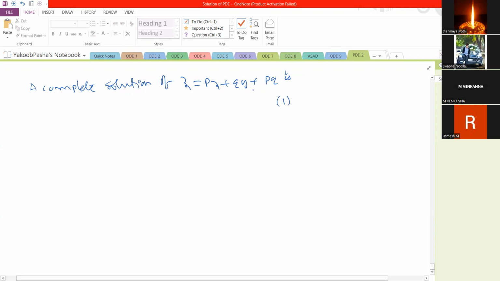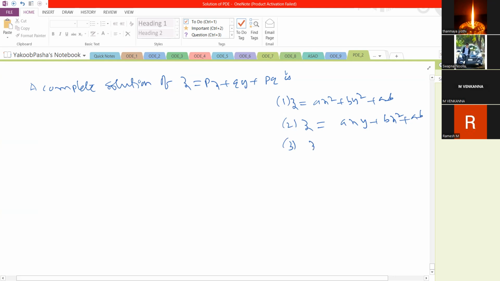I think options are not needed. Okay, let's write the options. The question asked in CSIR: first option, z equal to ax square plus by square plus ab. Second option, z is equal to axy plus bx square plus ab.